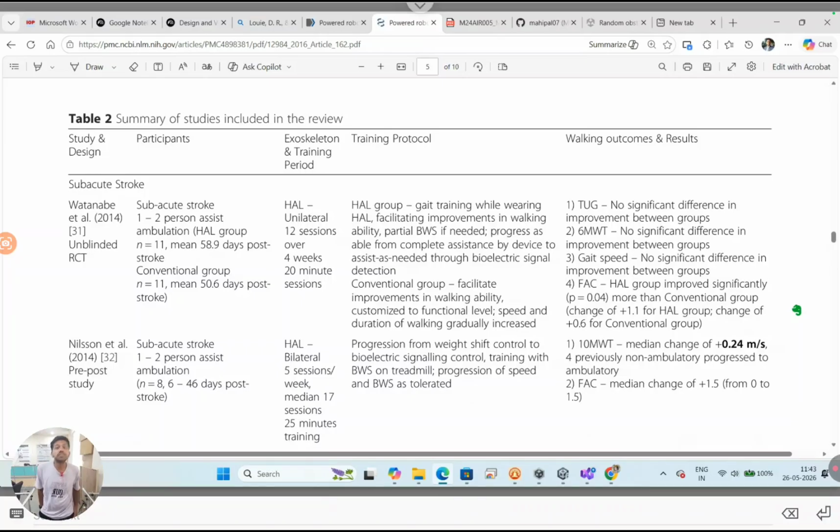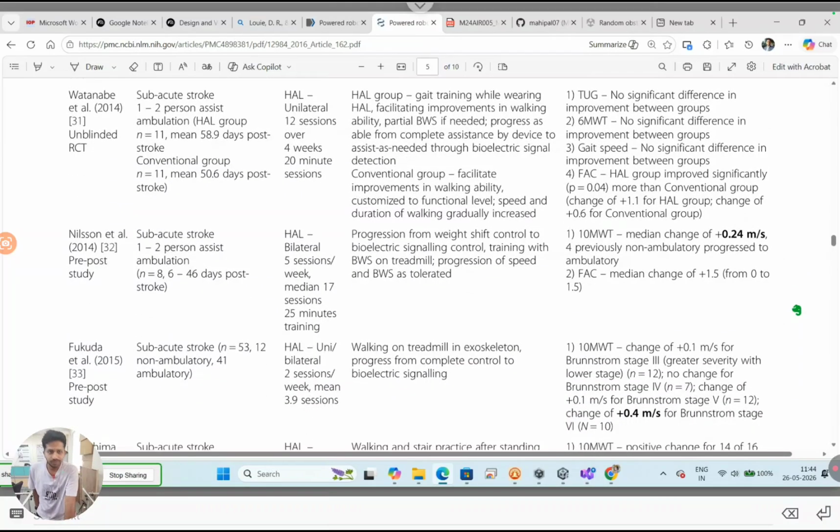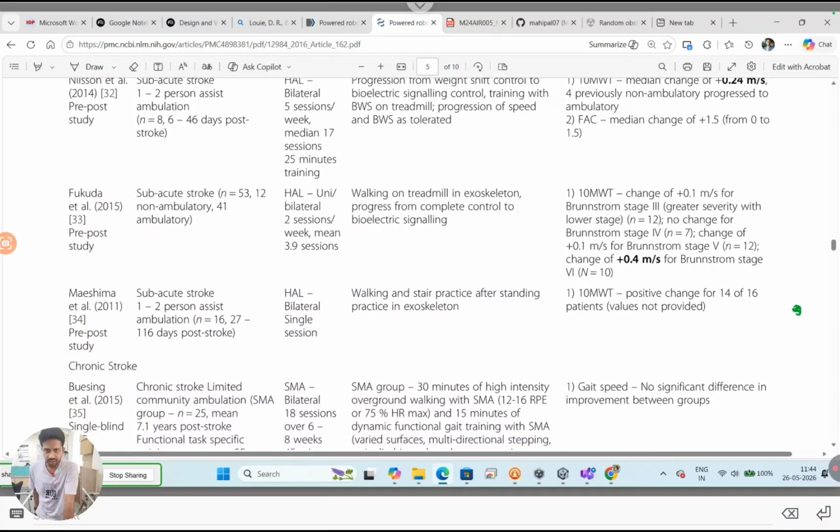HAL exoskeleton training period: HAL unilateral, 12 sessions over 4 weeks, 20 minutes each session. Training protocol: the HAL group got gait training while wearing HAL, facilitating improvement in walking ability, with partial BWS if needed. Outcomes: TUG, 6MWT, gait speed, FAC. So this is the thing. Subacute, fine. You can read this whole table.